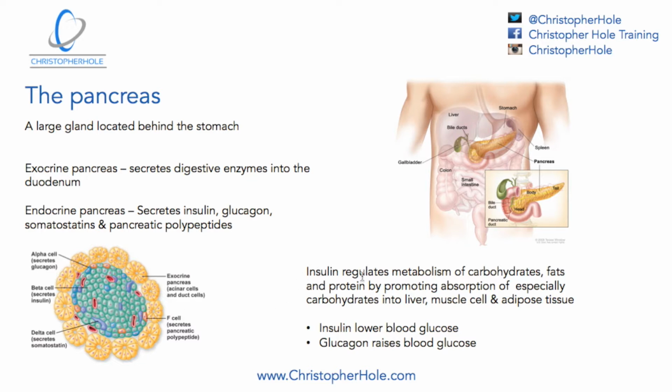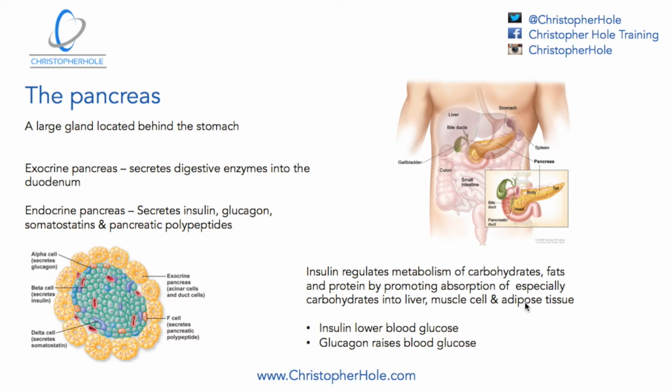It's the insulin that regulates your metabolism of carbohydrates, fats and proteins by promoting the absorption of especially carbohydrates into the liver, muscle cell and adipose tissue. So if you've watched my obesity videos, we talked about an excess of food, or excess of carbohydrates, or excess of sugar.